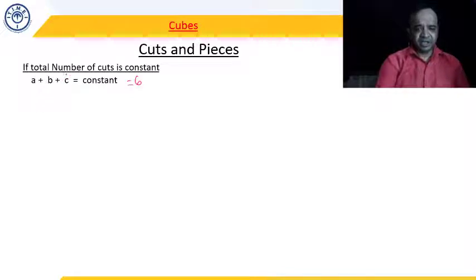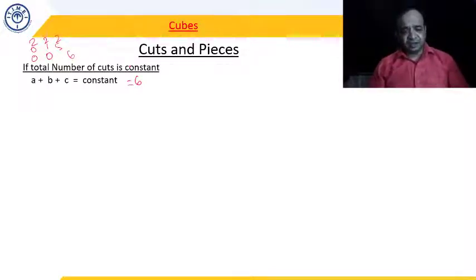There are many possibilities, like 006, 015, 024, and so on up to 222. When I have taken 222, the number of pieces is 2 plus 1 into 2 plus 1 into 2 plus 1, that is 3 into 3 into 3, which is equal to 27 pieces. Now if I have taken the distribution 006, then the number of pieces is 0 plus 1, 0 plus 1, 6 plus 1, that is 7 pieces.